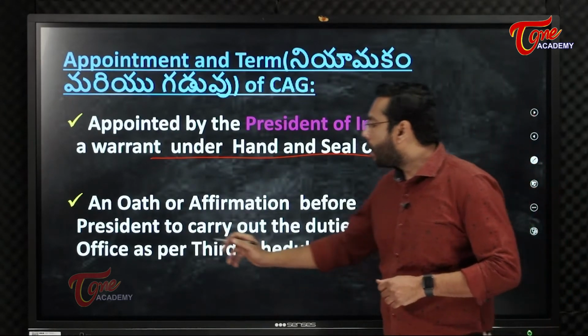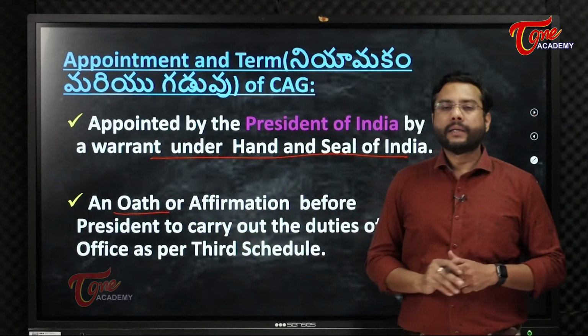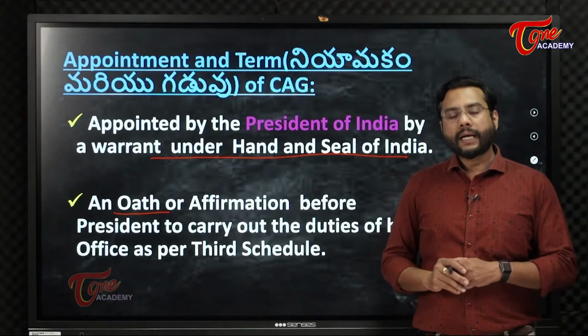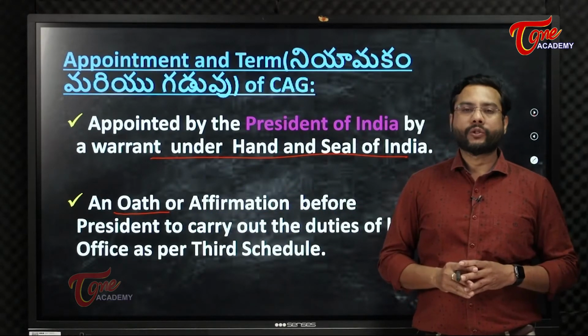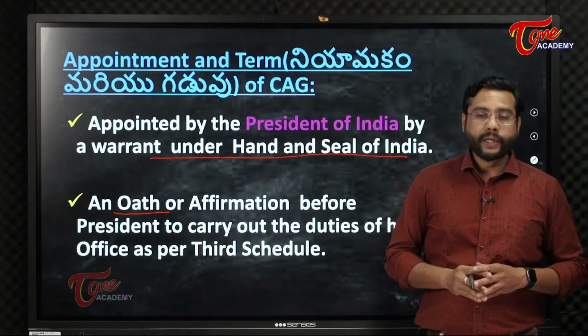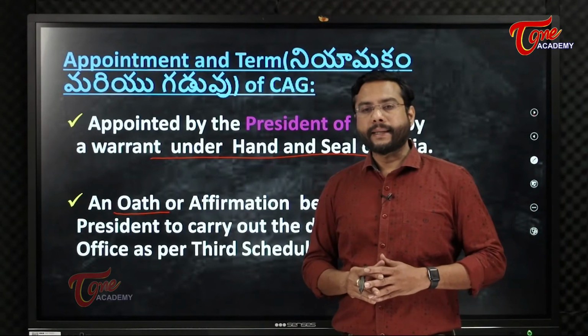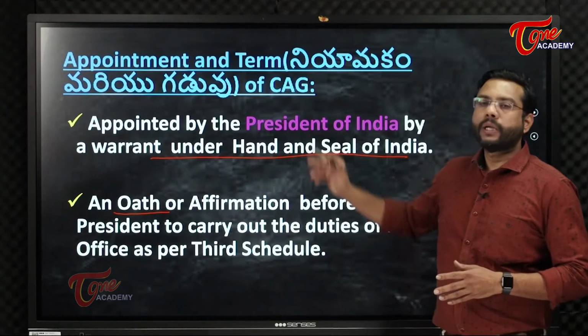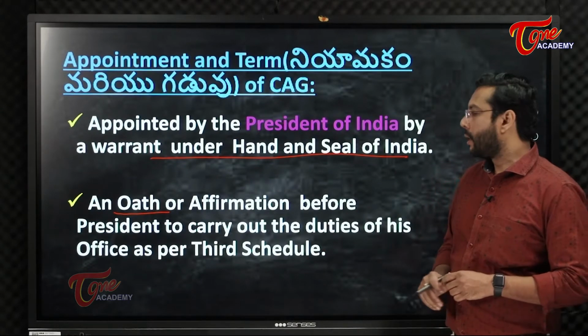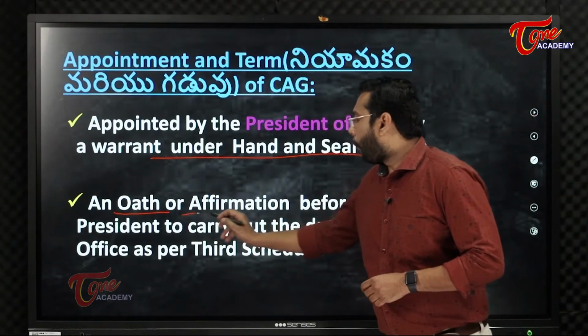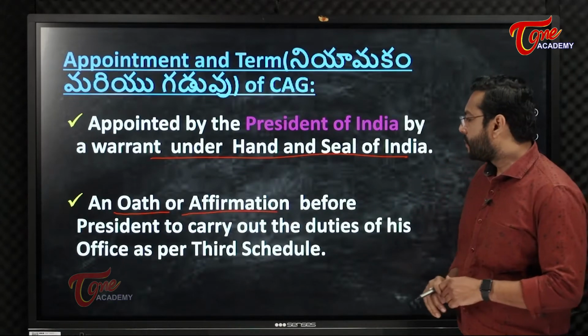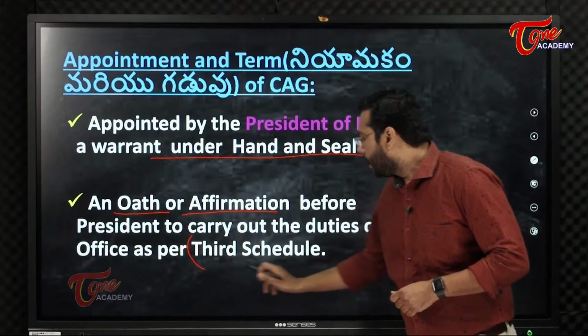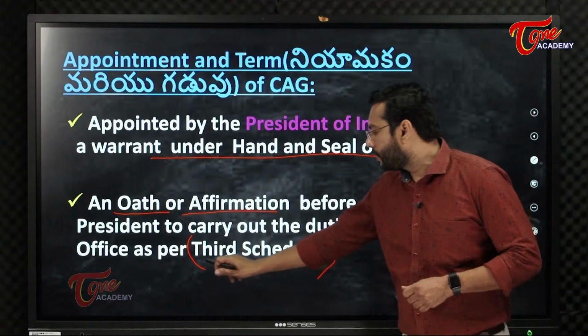Before that, we have an oath taken by the CAG, because these are very important constitutional bodies with a very important role to play in the democratic system. These constitutional authorities would take an oath in front of the appointing authority. The oath is mentioned in the third schedule of the Constitution.